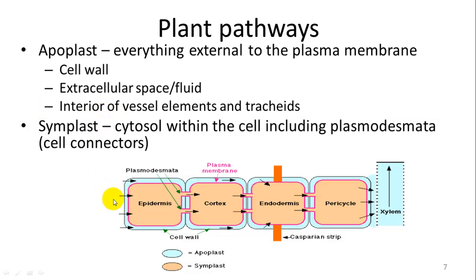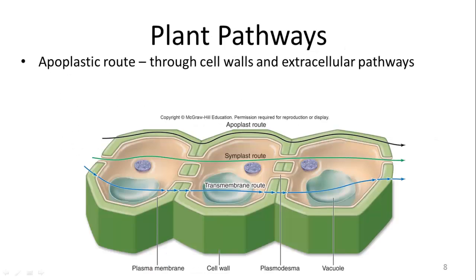And so when those are the physical structures, but these also relate to the pathways in which water and minerals will pass through. So we have the apoplastic route through the cell walls, external to the plasma membrane, and through the extracellular pathways, so you may even be outside the cell wall, and the symplastic route, which is through the cytosol.